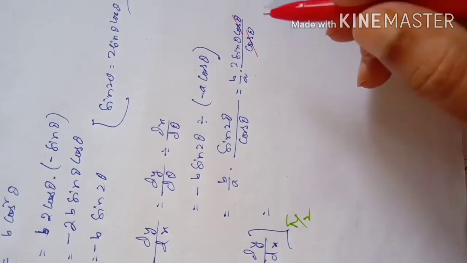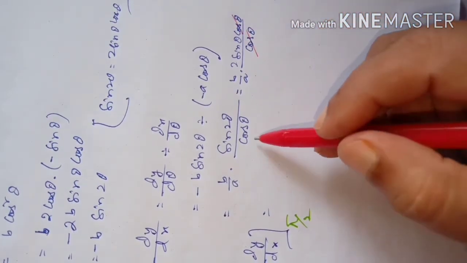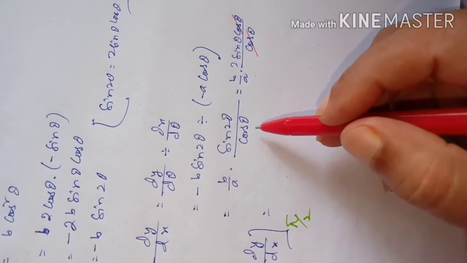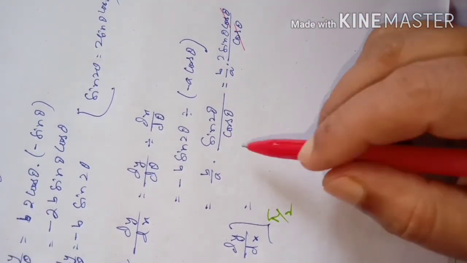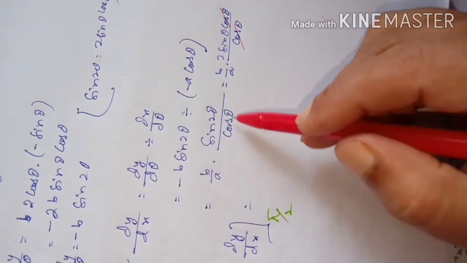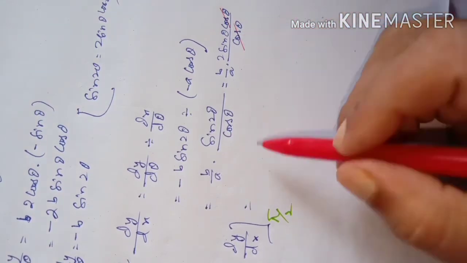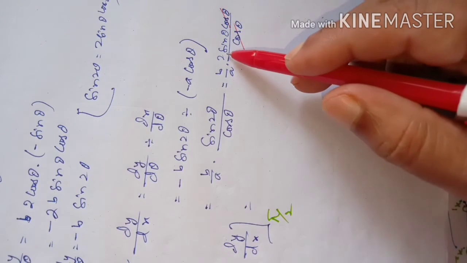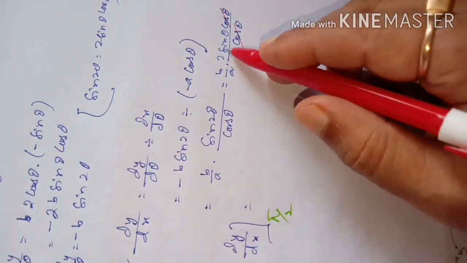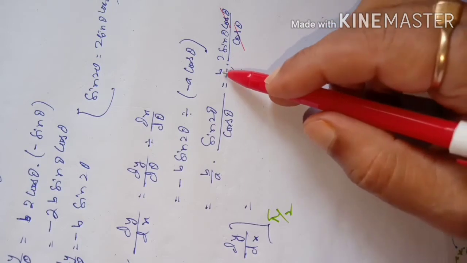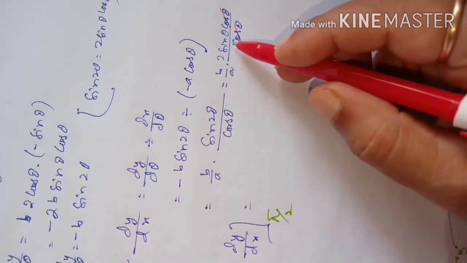Then there is no problem, because cos pi by 2 is 0, which means the denominator is 0 and it would not be defined. So we cancel this cos theta, expanding sin twice theta as twice sin theta cos theta. Now we got b by a into twice sin theta.